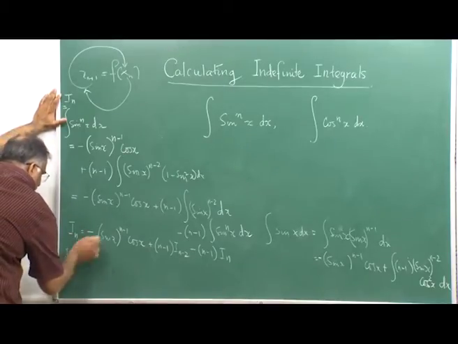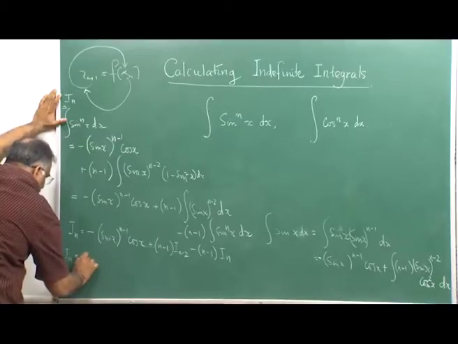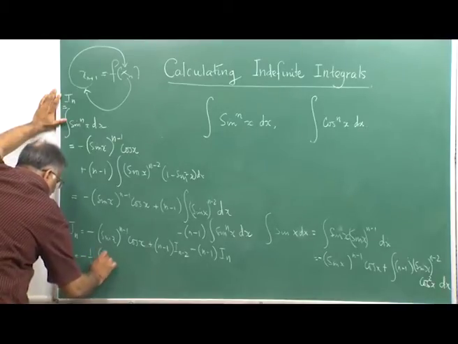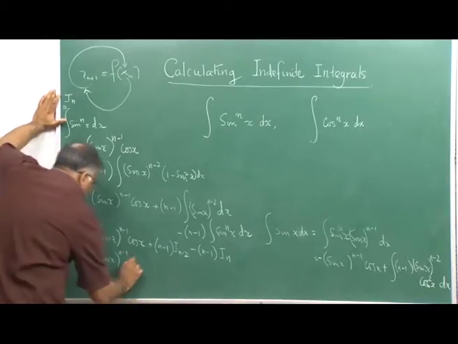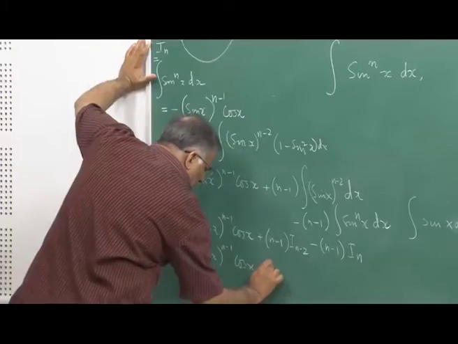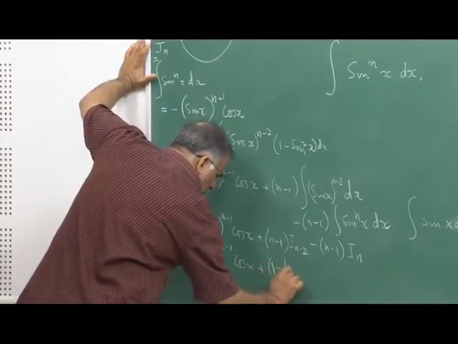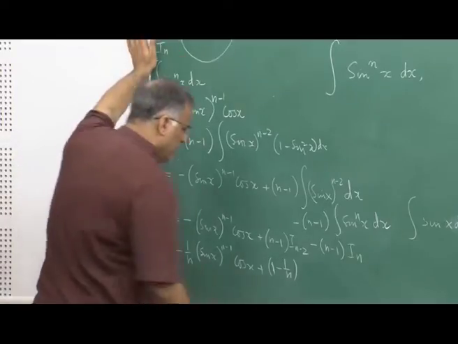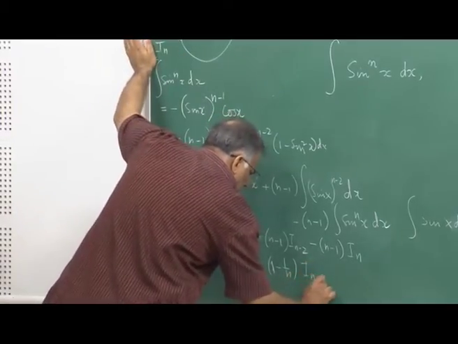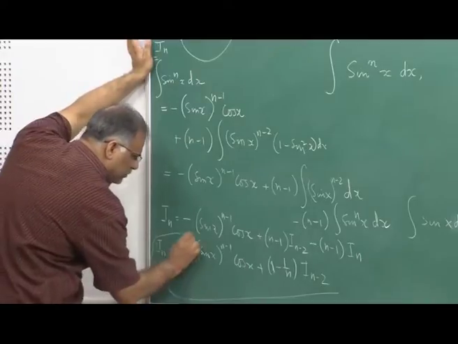Then you divide by n. So, it will become minus 1 by n sine x to the n minus 1 cosine x plus n minus 1 by n into I n minus 2.